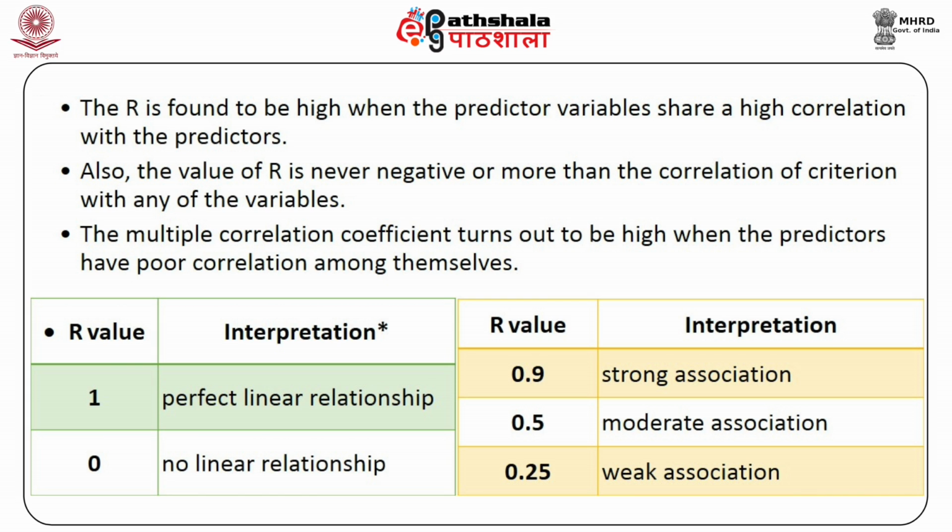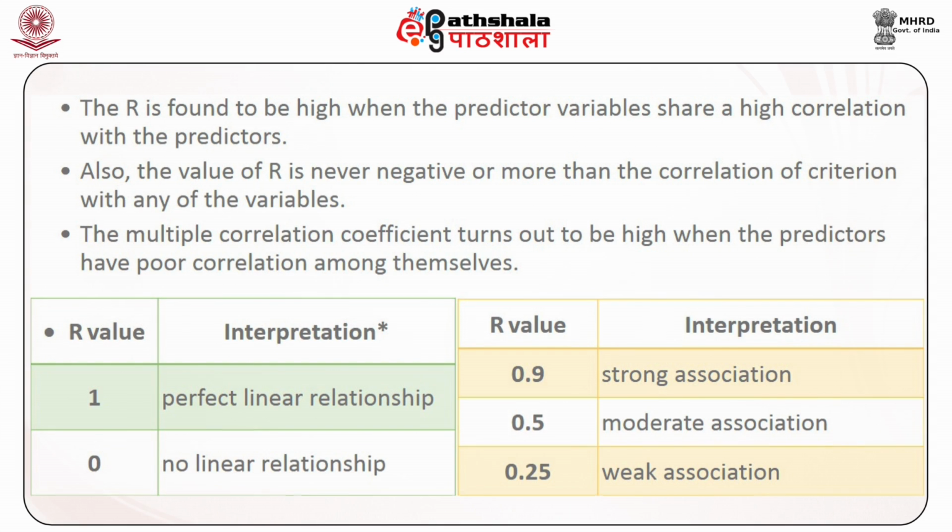The 0.5 would mean a moderate association between the predictor and the predicted variable, whereas a weak association would be indicated if our R value hovers somewhere around 0.25.